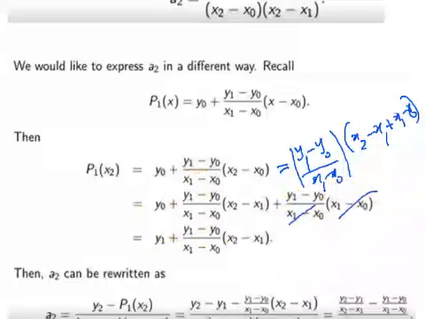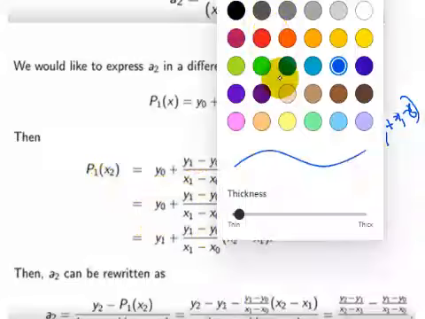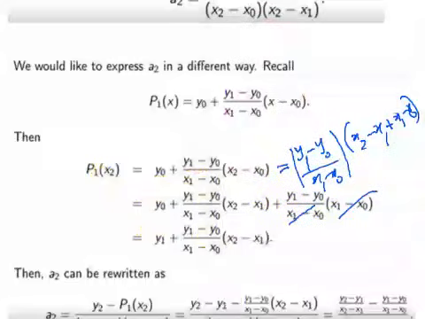and simplify this. Here you have y sub 0 that cancels with this y sub 0. I mark that one in a different color. Then I end up with y sub 1 plus this term here, right?